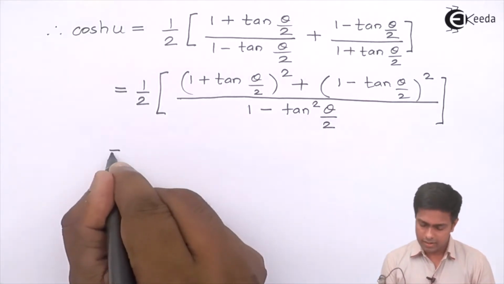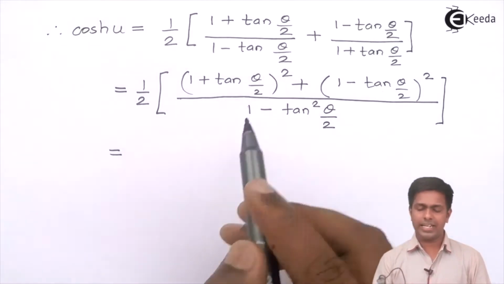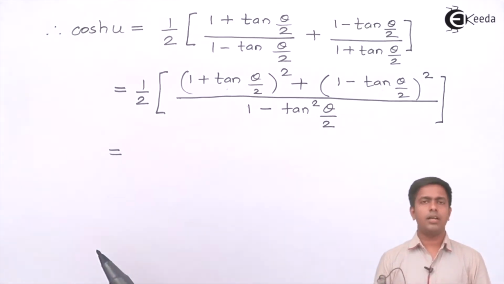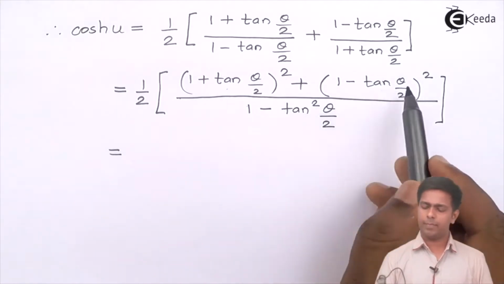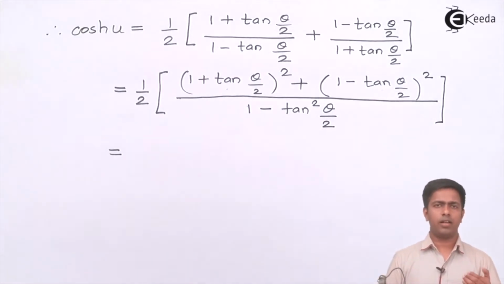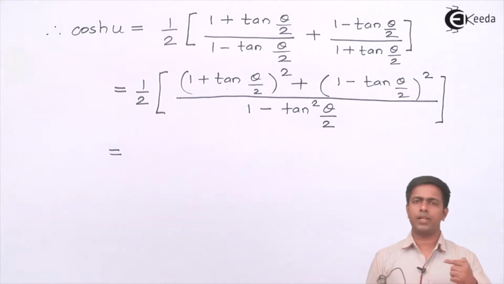Now guys, let's expand these brackets by the formula a plus b the whole square and a minus b the whole square, which is a square plus or minus 2ab plus b square.